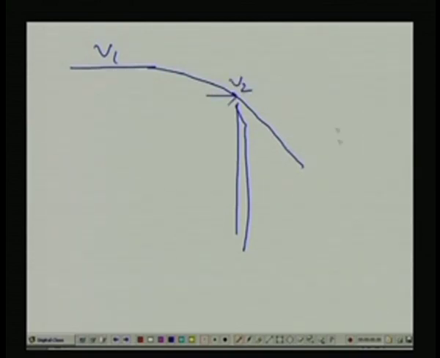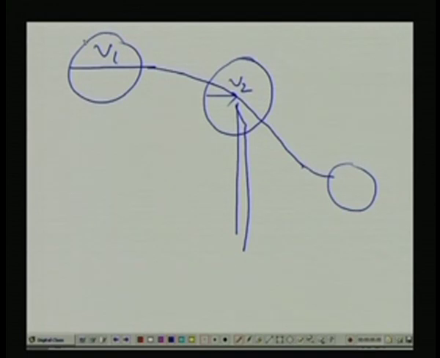Here the velocity will reduce again. At this position only the velocity will be high; this velocity will not be maintained. Once it falls down, the velocity will be reduced in this region. It is already less than V 2, and here also the velocity will be less than V 2.